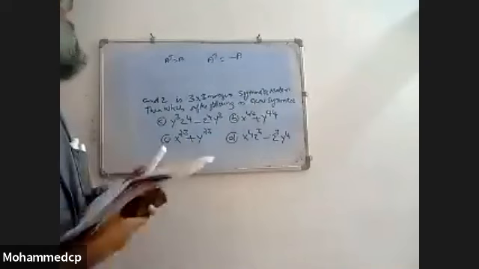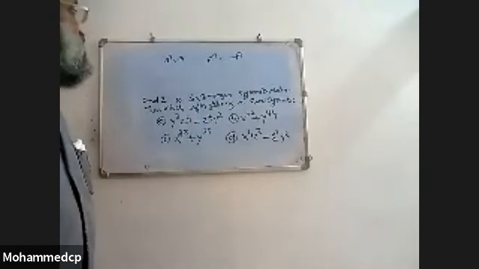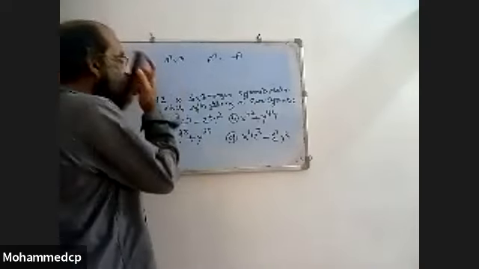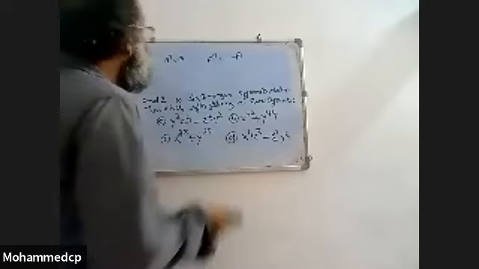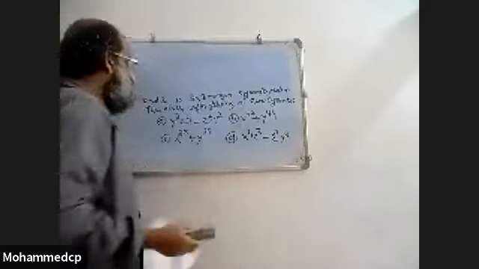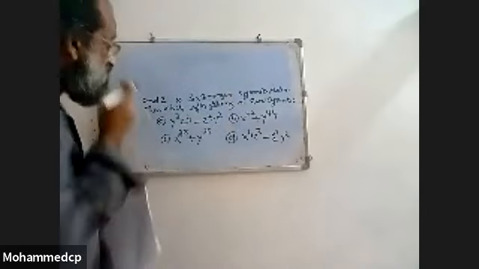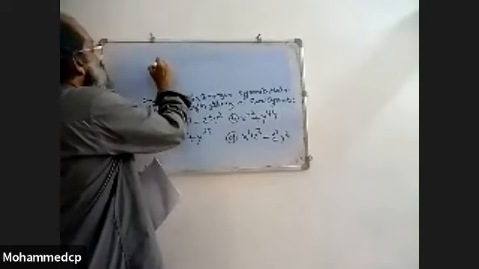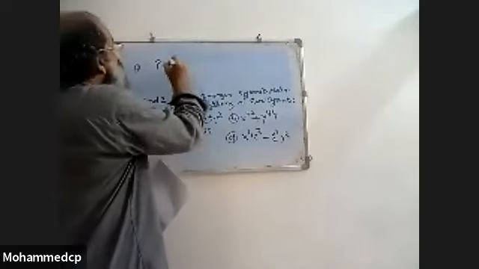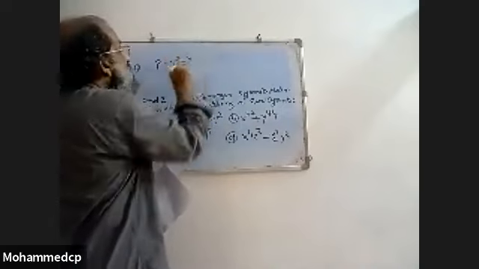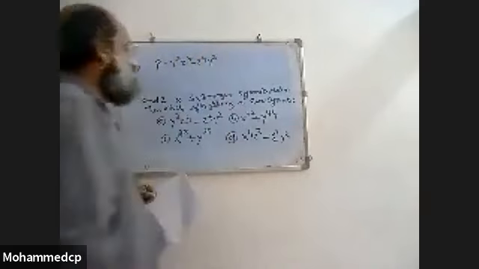A square matrix A is symmetric if its transpose is equal to A, and skew symmetric if its transpose A transpose is minus A. Now we have the matrix given in the first option, P equal to Y cube Z raised to 4 minus Z raised to 4 Y cube.